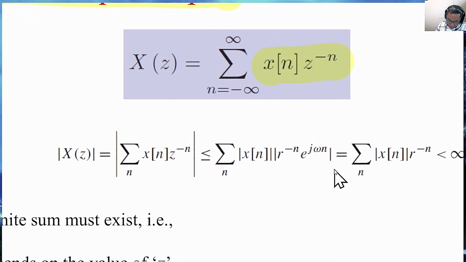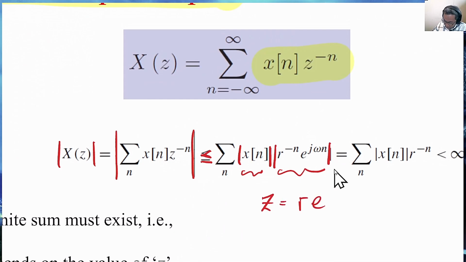And the first idea is that we're going to take the absolute value, and we're saying that the absolute value of this sum is less than or equals to the sum of the absolute value of xn multiplied by the absolute value of z minus n, where we break z is equals to r e j omega, and n is here, minus. We can ignore e j omega n because that has an amplitude of 1.